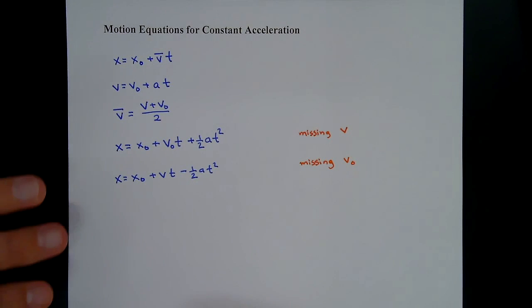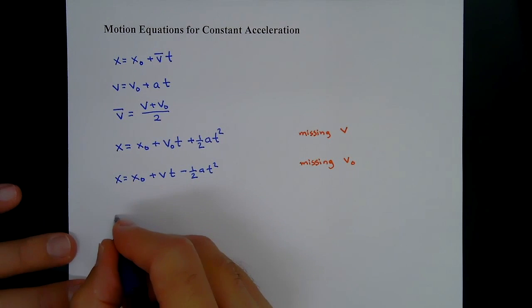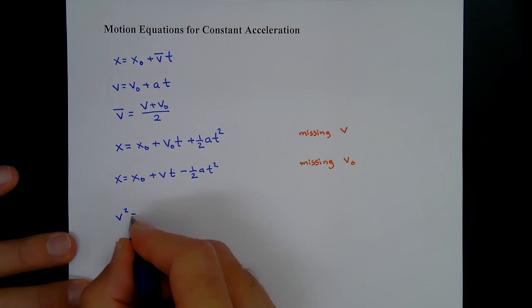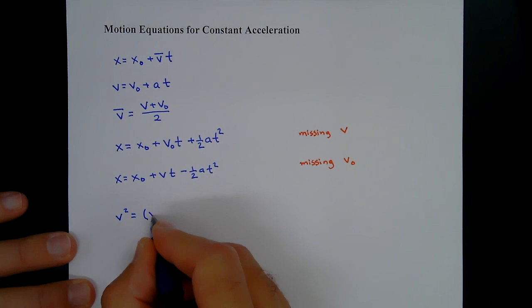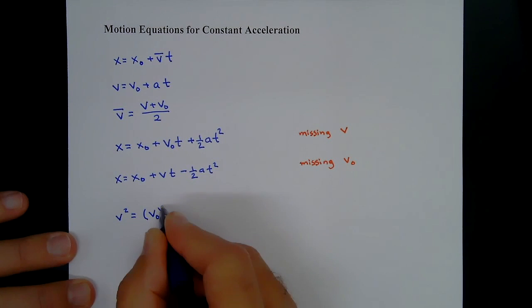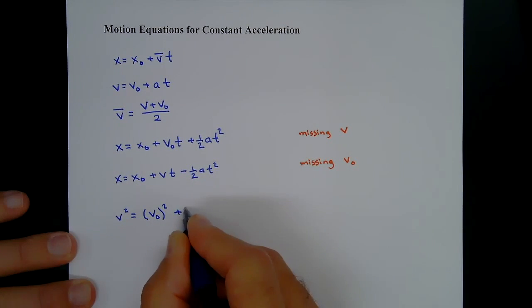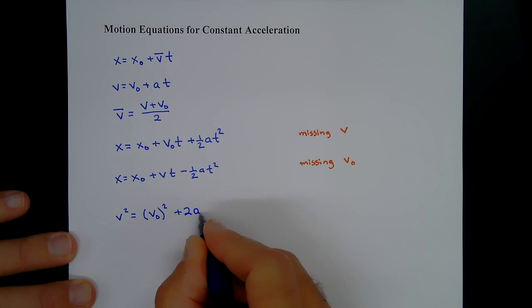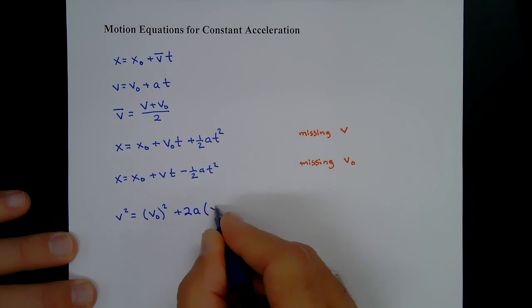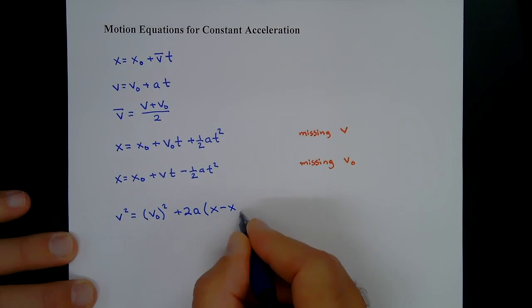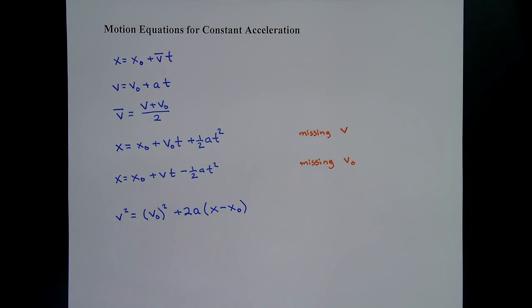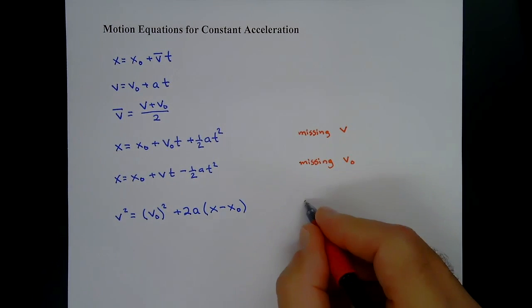All right. And then we have another equation that tells us the final velocity squared is equal to the initial velocity, the original velocity squared, plus 2 times the acceleration times x minus x sub o. So what this one is missing is t.